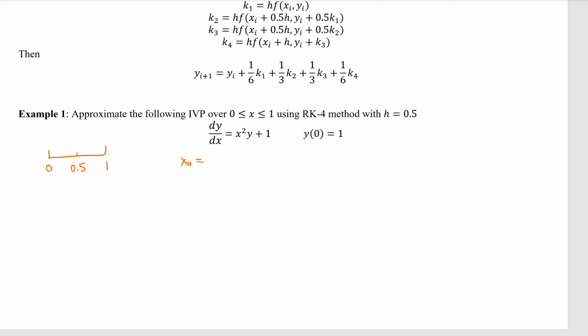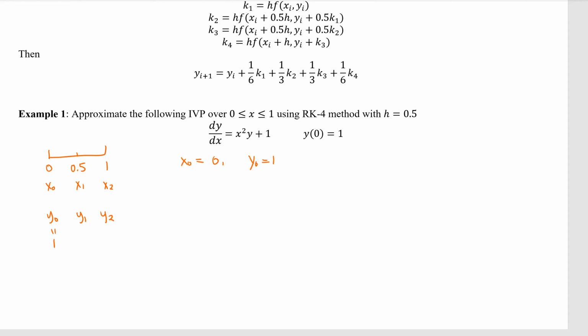This is x0, this is y0, this is x1, x2, and we're looking for y1 and y2. So x0 is 0, y0 is 1.